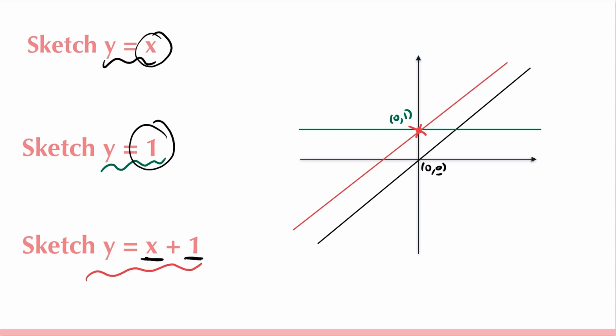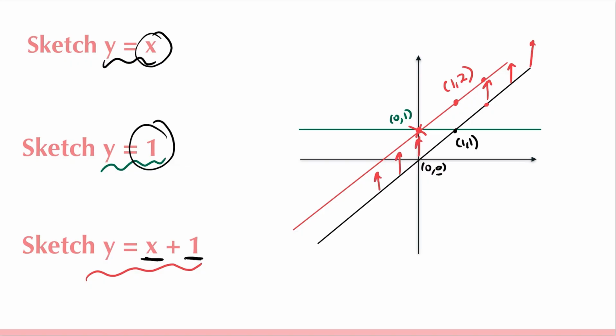Now, if I try again with this point, which would have been 1, 1 for both of the graphs, and I add the two graphs together, the y value of the black graph is 1, the y value of the green graph is 1, 1 plus 1 gives me the point here of 2. And what you can see is that all we've simply done is just added 1 to every y value.